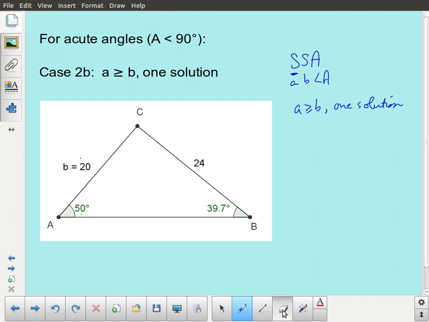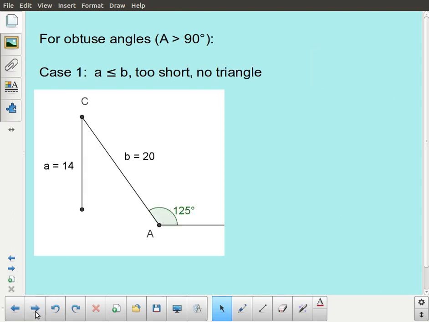Now, what I've shown you so far is for an acute angle. There's actually fewer cases. What if we said that Albert, well, it doesn't really work well with the balloon, but let's just imagine another situation where this point A has an obtuse angle. So in this case, I've done 125 degrees.